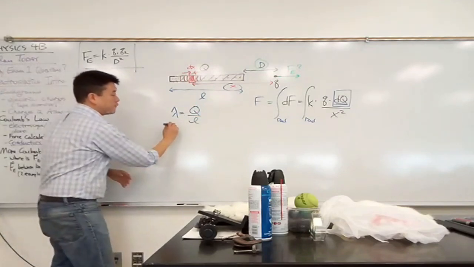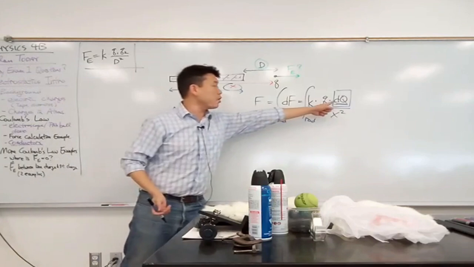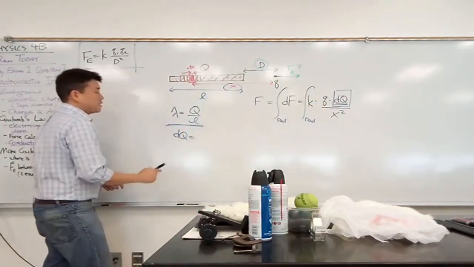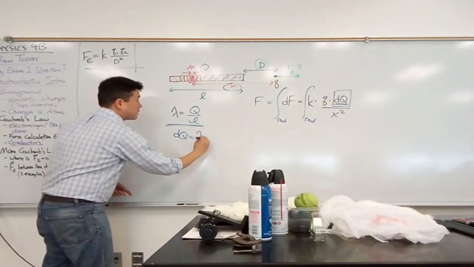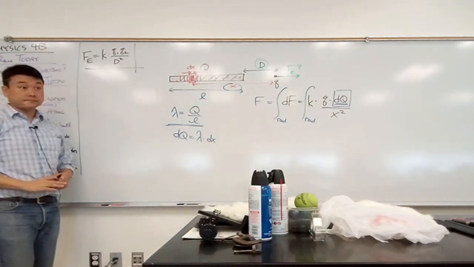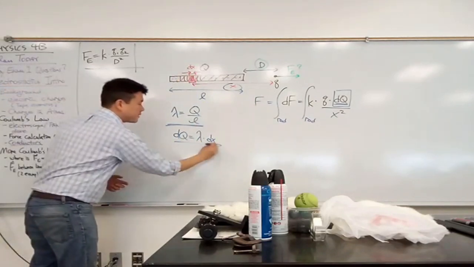With this idea of density, I can say that this small amount of charge dq is equal to the density times the small length that we are dealing with there. Does this expression make sense to everyone?